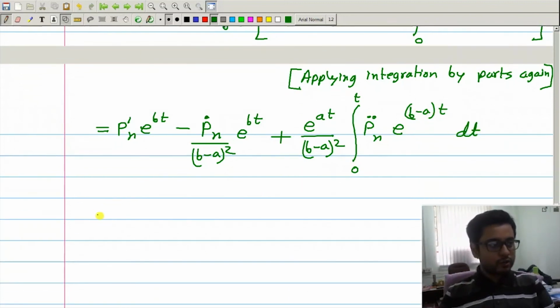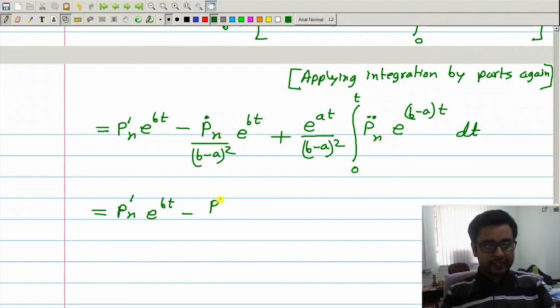Okay, now here you see that, let me keep the first term as it is. The second term is the derivative of an nth degree polynomial. So that will be a polynomial of degree n minus 1.